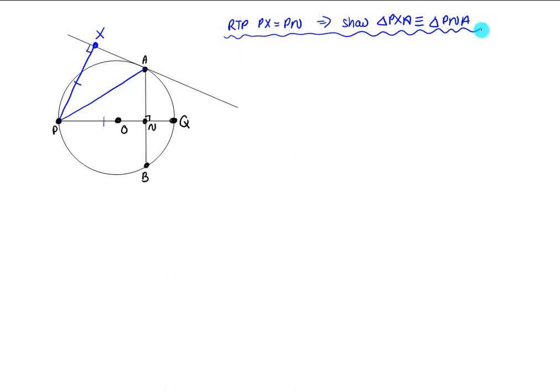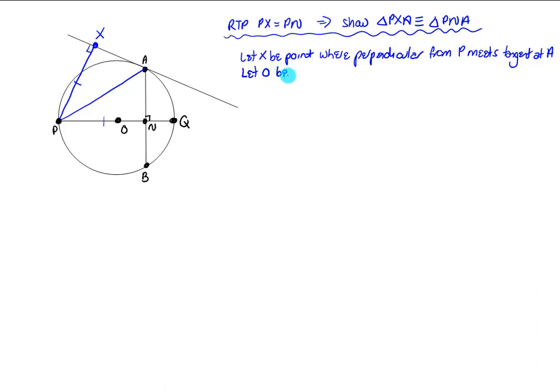So now let's go back, and we started with let X be point where perpendicular from P meets tangent at A. Let O be the center.